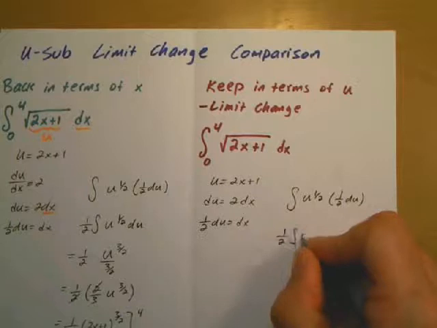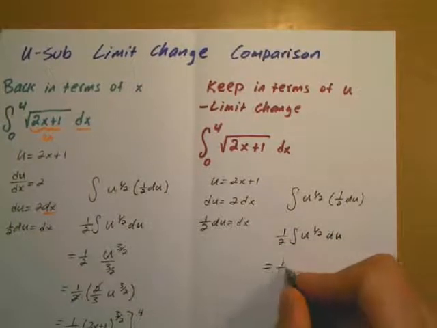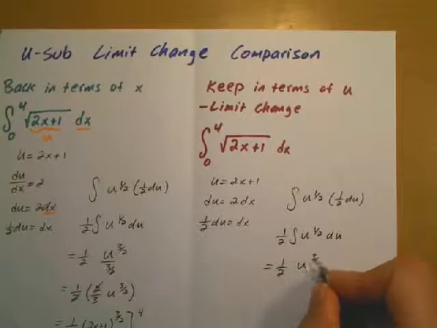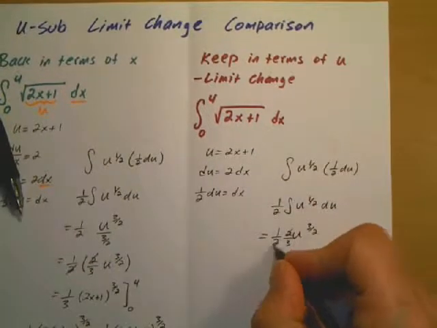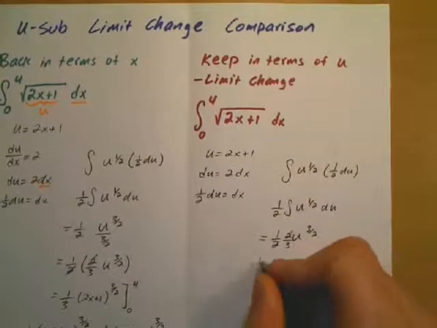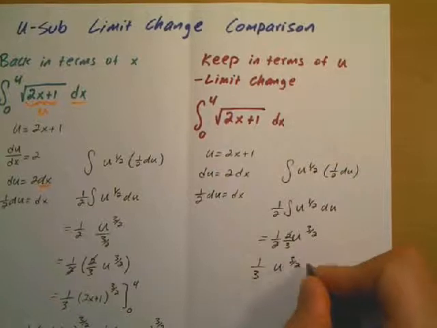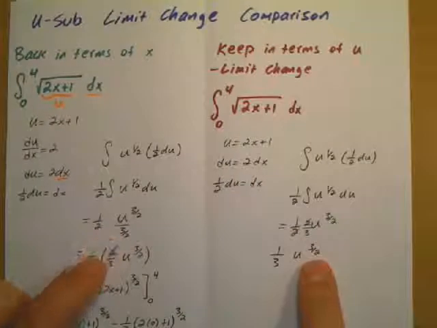I still have to factor this out. I still have to do the power rule. So up until this point, it's the exact same process. So 3 over 2, I reciprocate this to 2 over 3 and simplify. So basically, I have 1 over 3 u to the 3 over 2. Up until this point, it's the exact same problem.